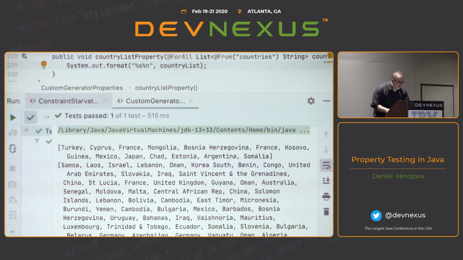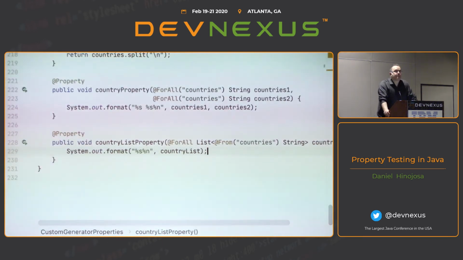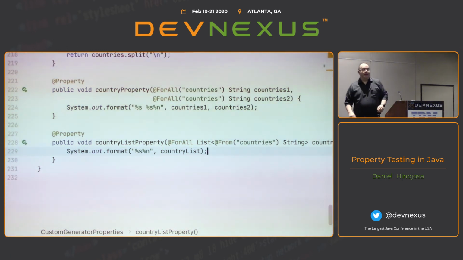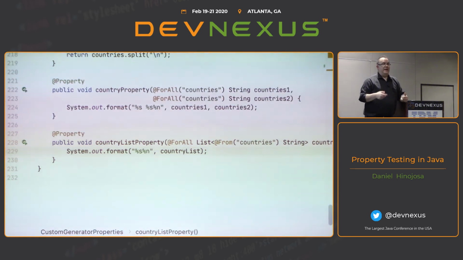Does that for all make it generate all of them? So it's not like picking off a list like we were doing before. Yeah, it's a random generation. So it's creating a list and just randomly picking out some of these string countries in there and then just delivering that for you. Not all of them. Each round is going to be a little bit of something, because one of the rounds is going to be an empty list.